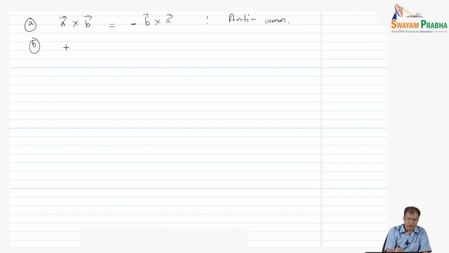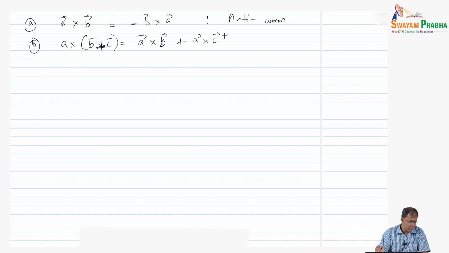And now we have the so-called distributive law. A cross (B plus C) is equal to A cross B plus A cross C, and that is my distributive law.